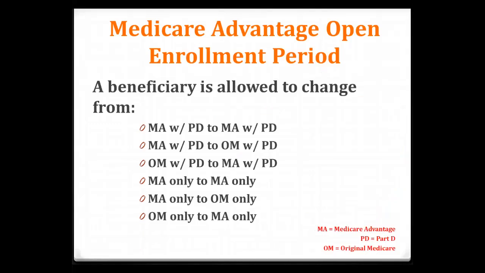Again, it may take some time, about 10 days before the plan even wants you to contact them about your enrollment. So we want to try to avoid that as much as we can, though sometimes it's unavoidable. But just let them know as you're counseling them, if we're doing this on the last day of the month, it's going to be effective the first of next month, but you might have some lag time in terms of getting your card and the system being updated with your new insurance. Okay. Thank you. Great. No problem. Great question.